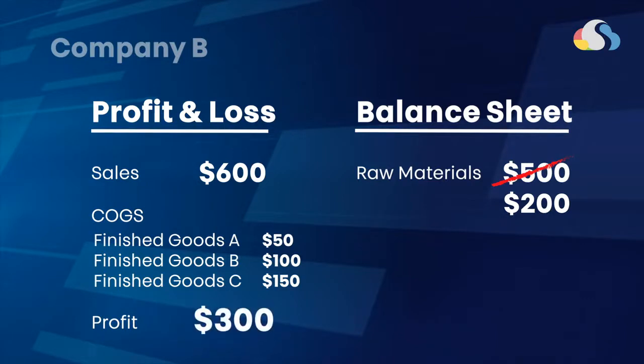So what is the major difference here? The major difference is company B has visibility of the cost of each individual good. Hence, they can manage the margins with more detail. With this kind of information, they can do a lot of things. And that's my point here.